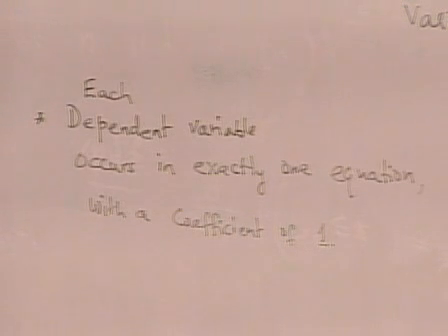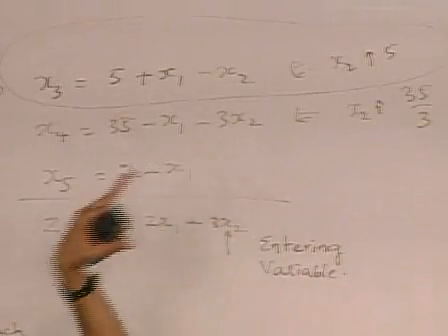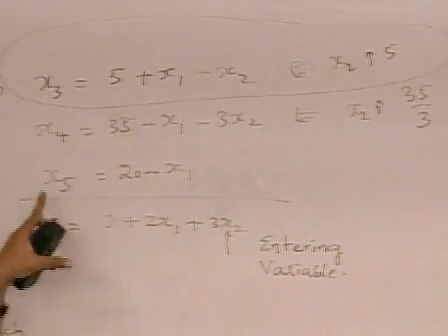So if you notice, x3, which is a dependent variable, occurs only in this equation, and there is no other x3 anywhere else in your system. Likewise for x4 and x5.